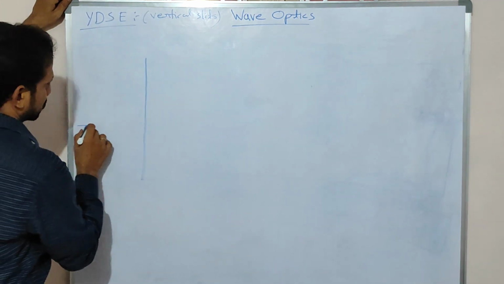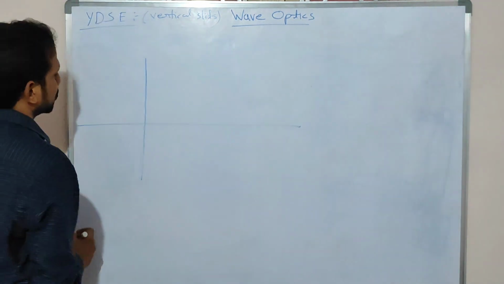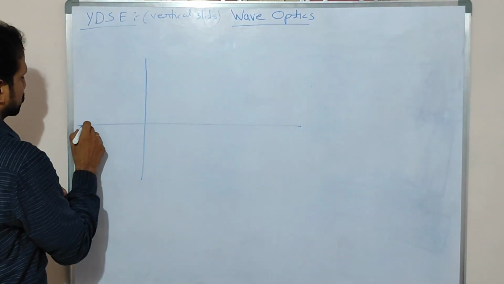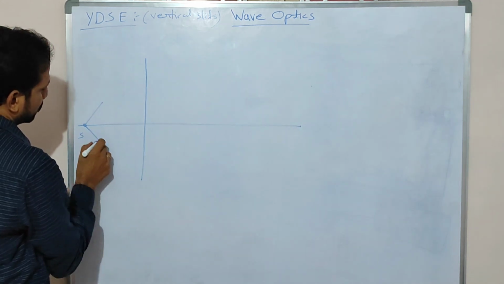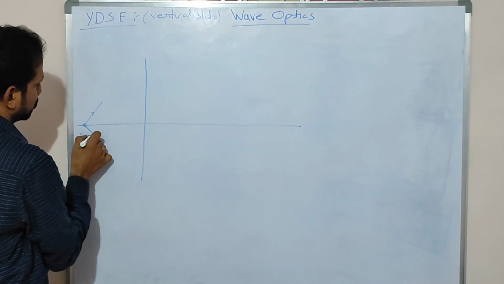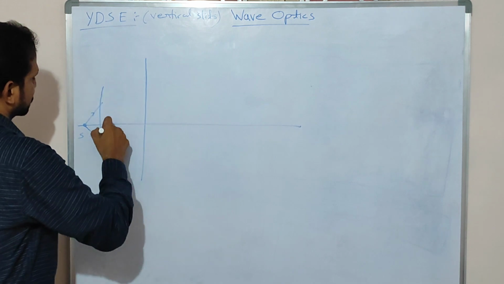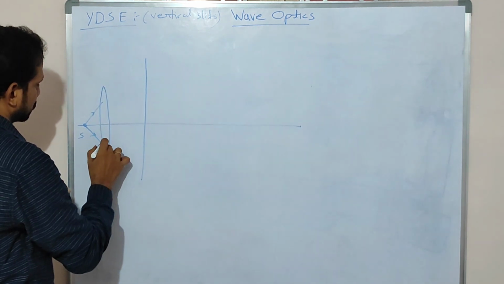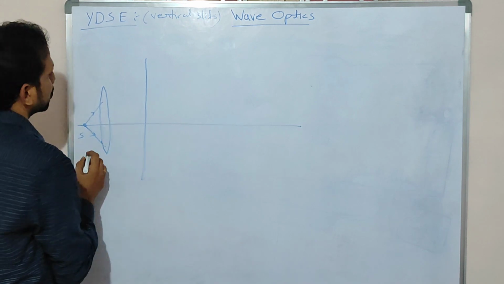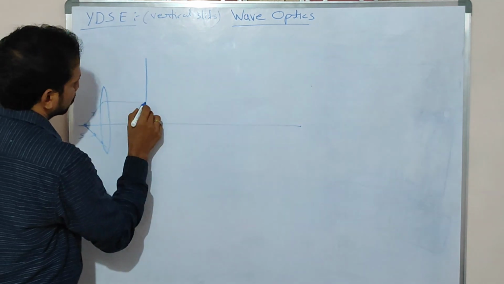So this is the main line. Here a source is placed. The source sends the waves in all possible directions, that you know, and we have a convex lens, right?